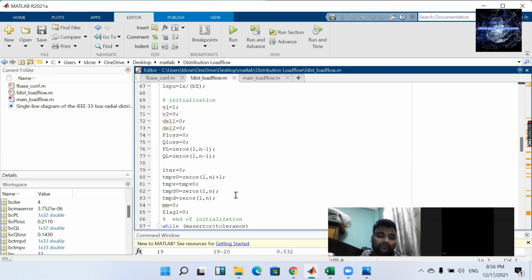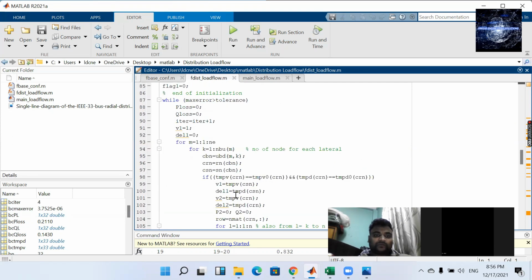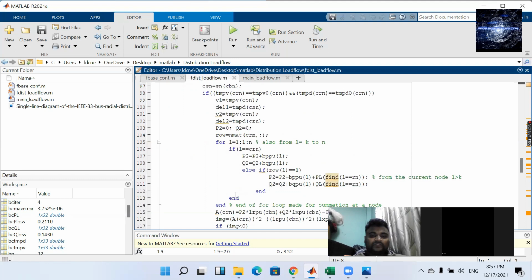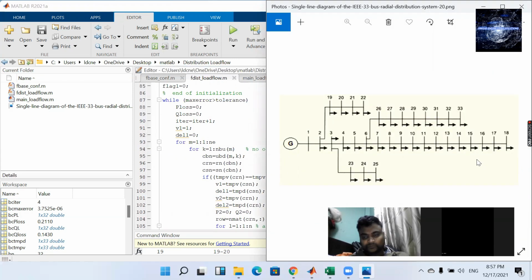After converting to per unit, as I have already mentioned, this load flow is the power summation method, and it is also based on the forward and backward sweep. First of all, we have to assume the voltage of all the buses has magnitude 1 and angle 0. In the first go, we have to calculate the summation of power for each node, for each lateral.